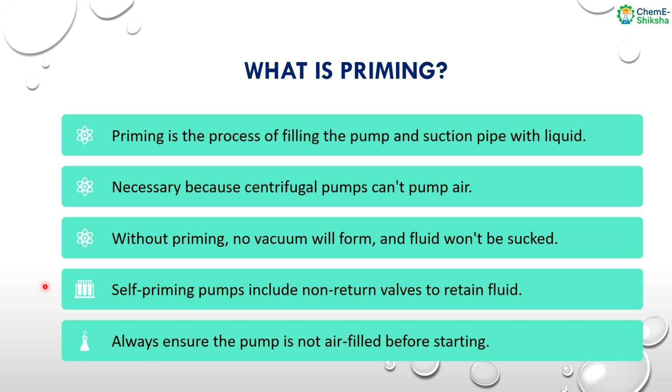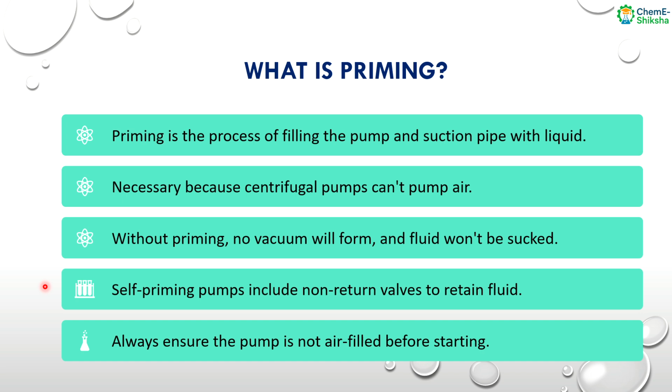So if the pump is already previously filled with some liquid, then the pressure developed by the pump will be higher, because the rho of the fluid will always be higher than the rho of air, as air density is very low. If the pump is not filled beforehand, it will not be able to suck the fluid from the sump.